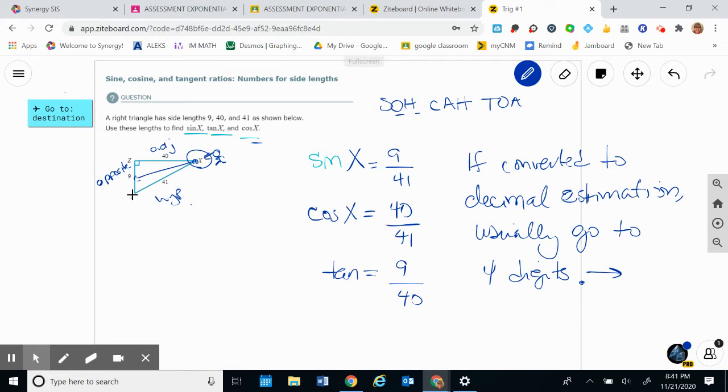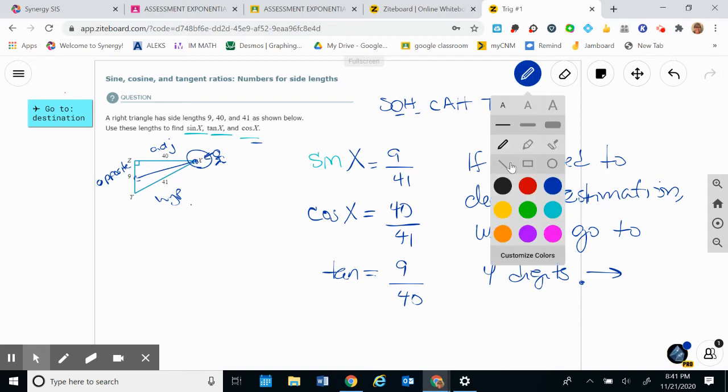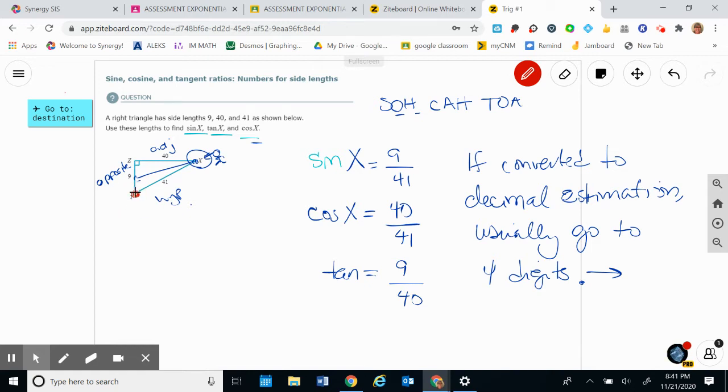Now, if I had asked you to do the sine, cosine, and tangent of y instead, here's what you would do. You'd start at y. You would ask, which side is my opposite? For y, this is my opposite. This is my adjacent. The hypotenuse is always the hypotenuse. Once you identify that, you're good.